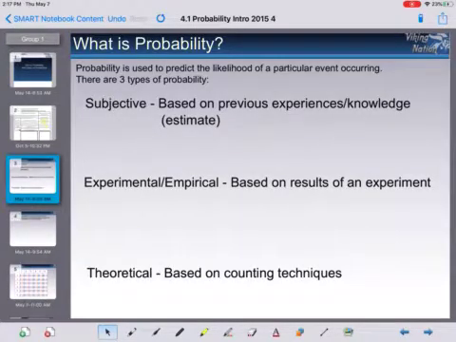So the different types of probability, there are 3 of them. There's subjective, and that's just based on previous experiences and knowledge. It's basically an estimate. Like my subjective probability for me having a salad for dinner is 70%. I've been having a lot of salads.